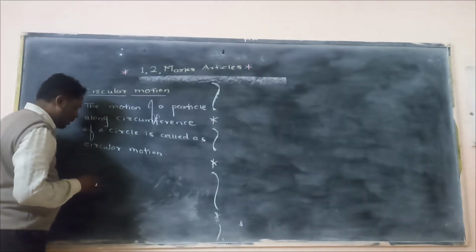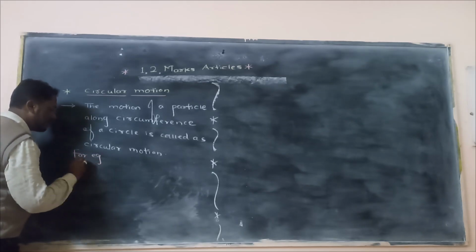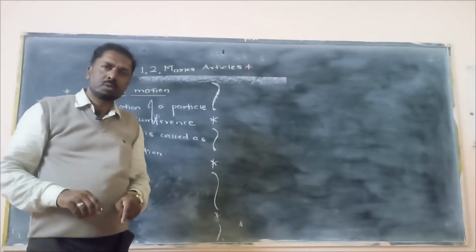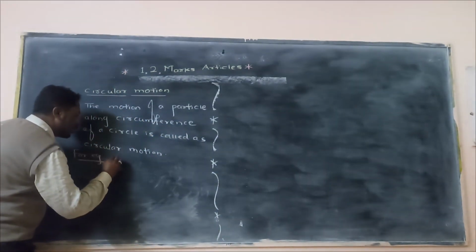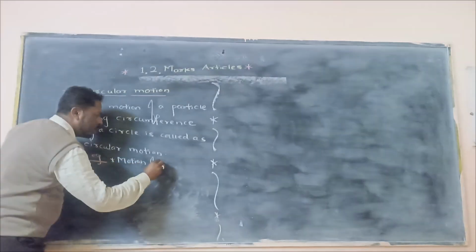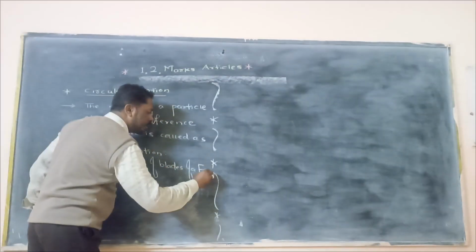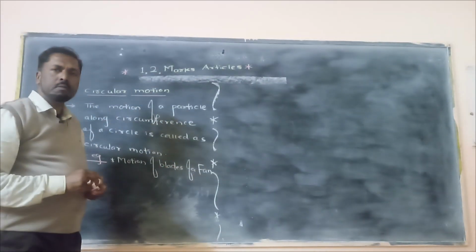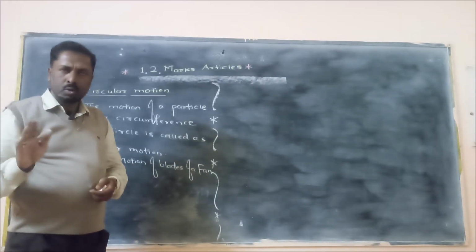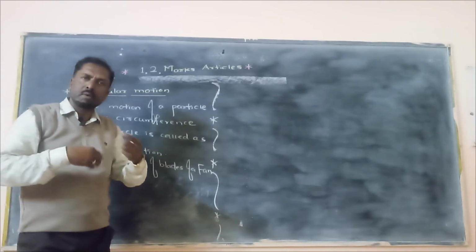For example, the motion of the blades of a fan. We can change the speed of a fan. We can keep it on 1, 2, 3, 4 or 5. It means here the speed does not remain constant. We can vary the speed.